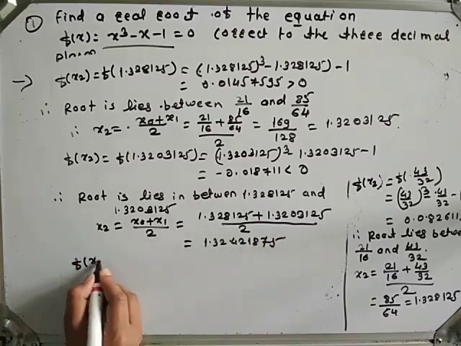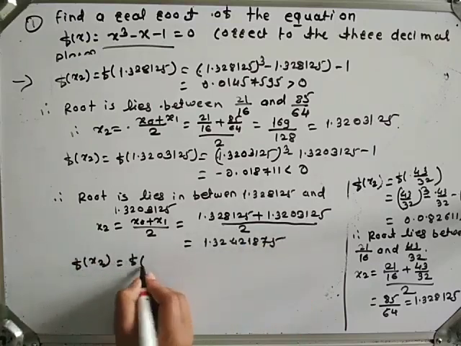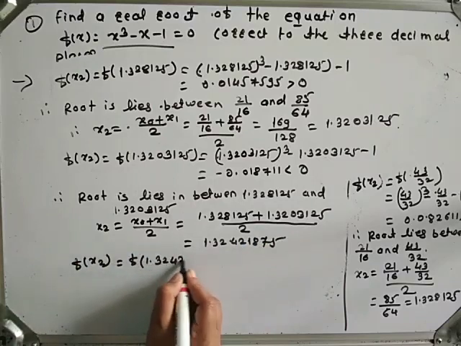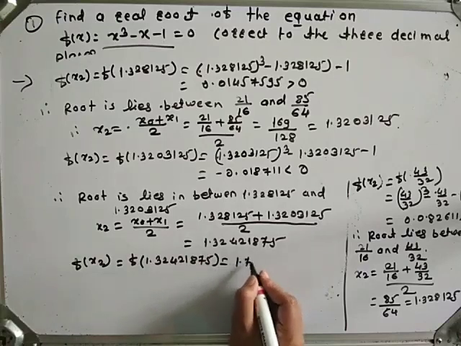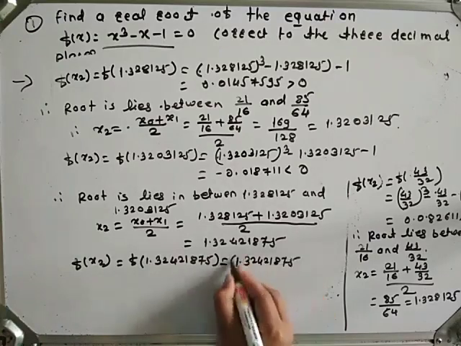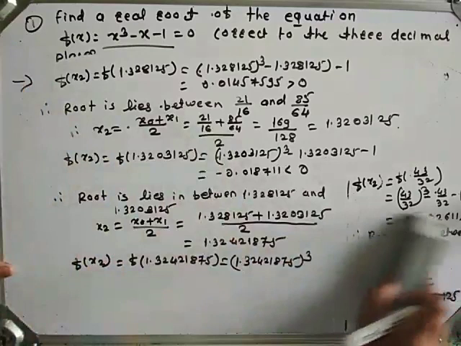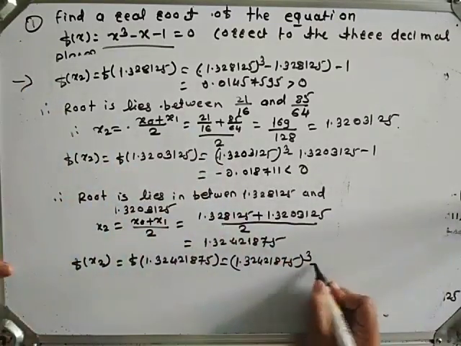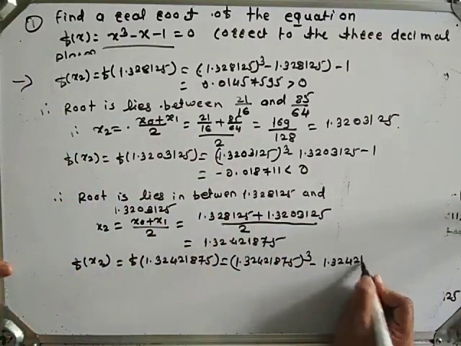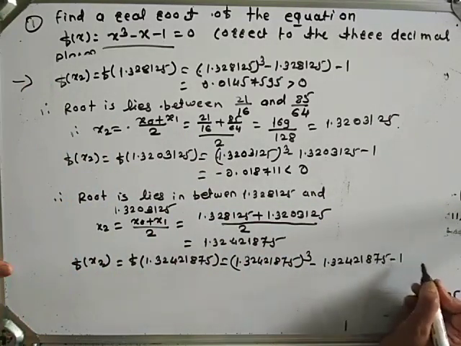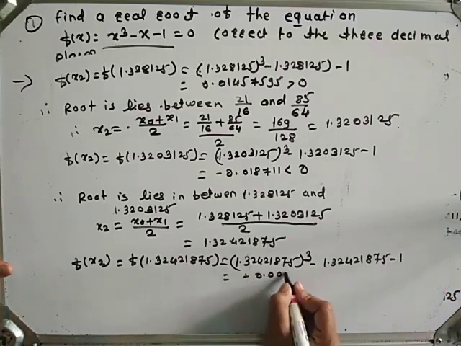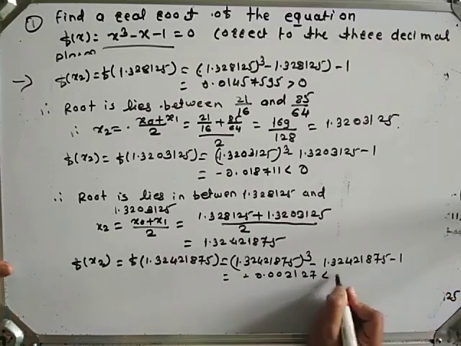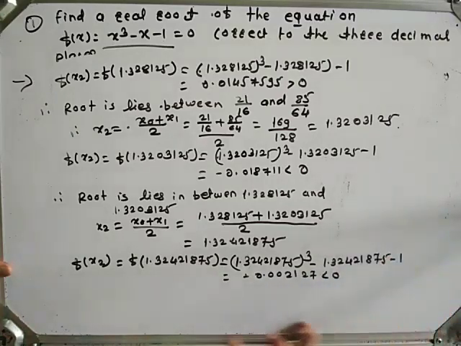Now calculate f of x2, that is the value of the function at 1.32421875, which is equal to 1.32421875 cube minus 1.32421875 minus 1, which is equal to minus 0.002127, which is less than 0.